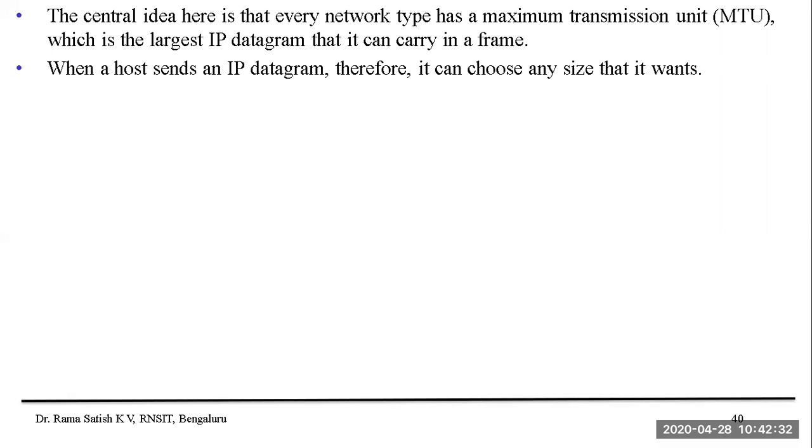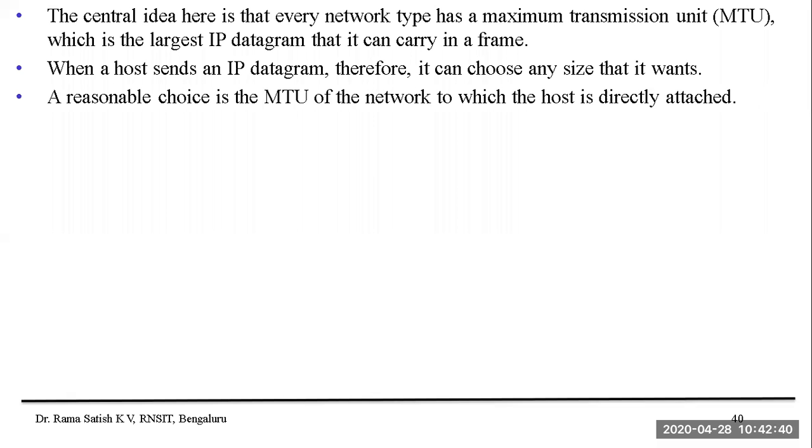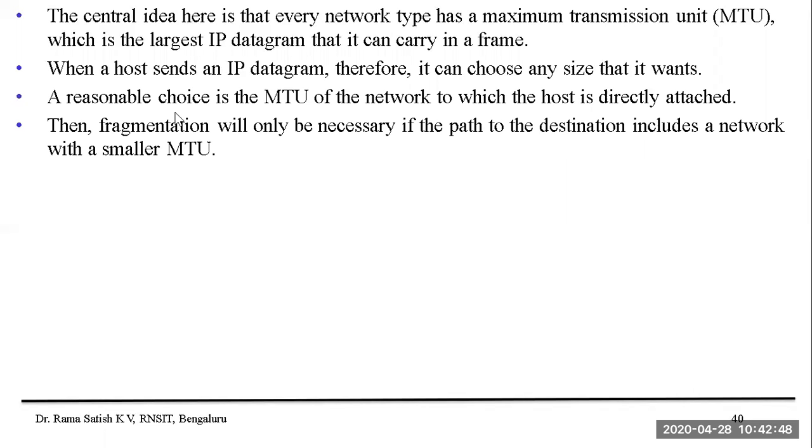When the host sends an IP datagram, it can choose any size that it wants. And of course, the reasonable choice is to set it to the MTU, the maximum transmission unit, of the network to which the host is directly attached. So normally the sender can decide what the size of the packet may be, and he sends the packet.